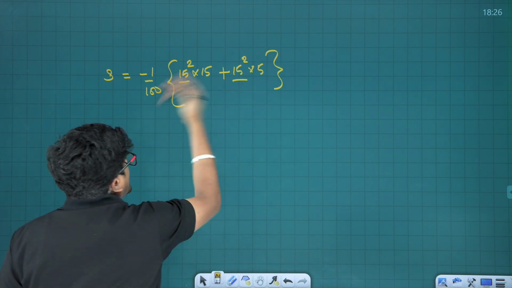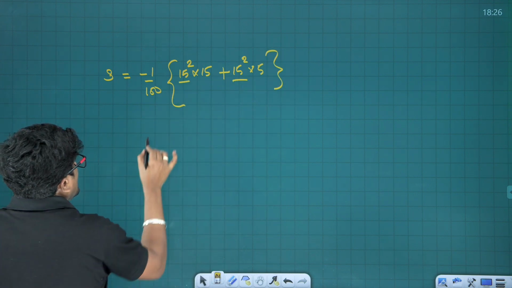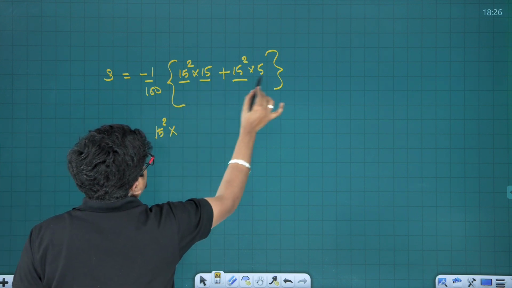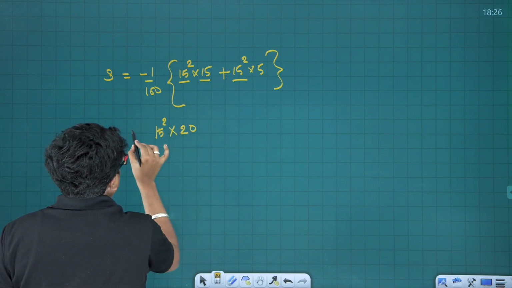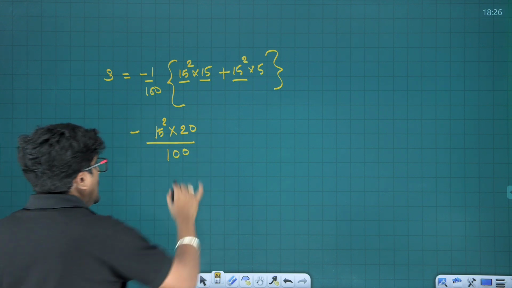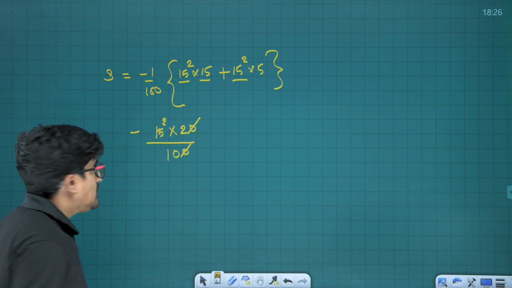Now 15 square is common, that will come out. 15 square into 15 plus 5, that is 20 inside, minus these three upon 100. Of course this one and this one will cancel each other.